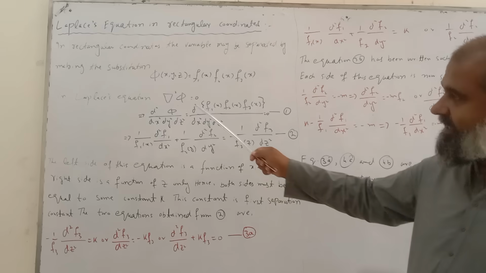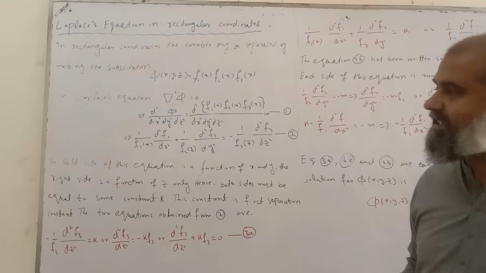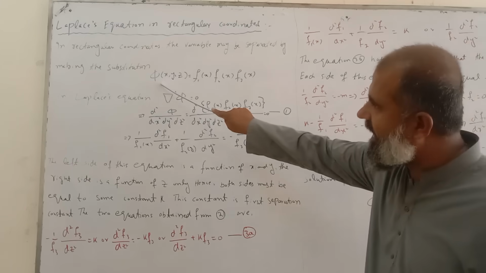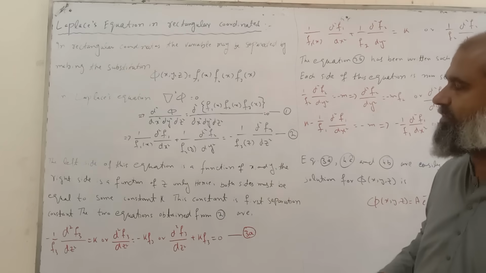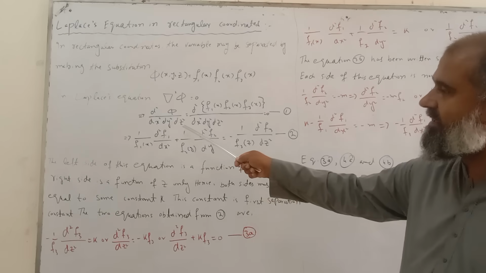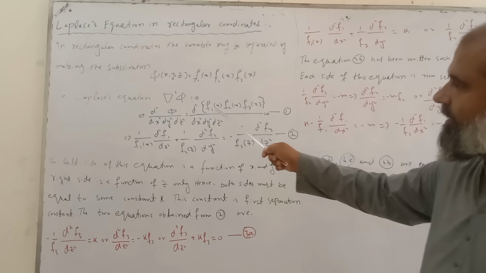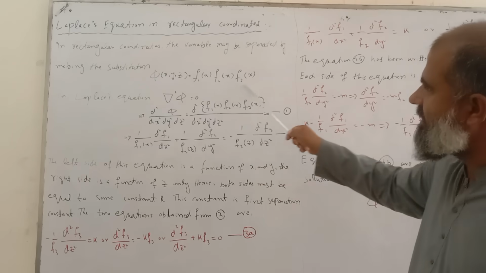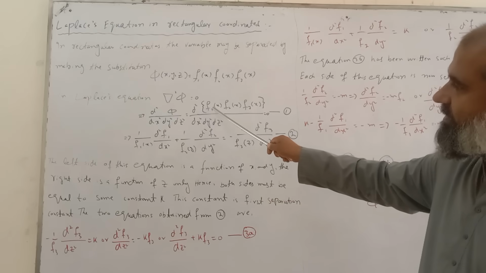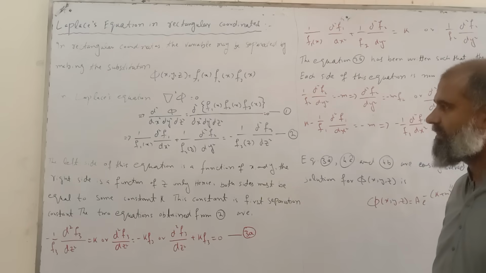And Laplace equation is given by del square phi is equal to 0. We put the value of phi into this equation. It becomes d square over dx square plus d square over dy square plus d square over dz square of f1 f2 f3 is equal to 0.